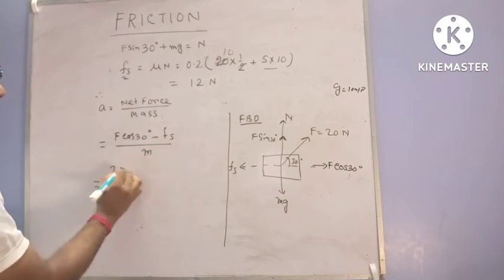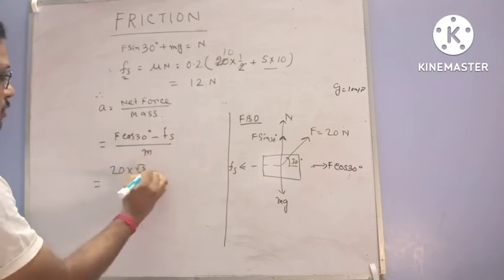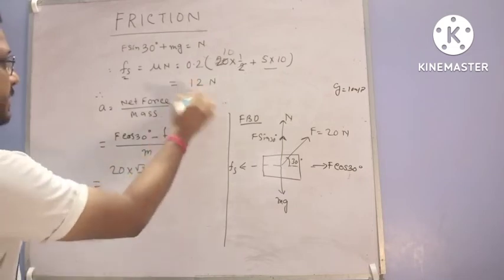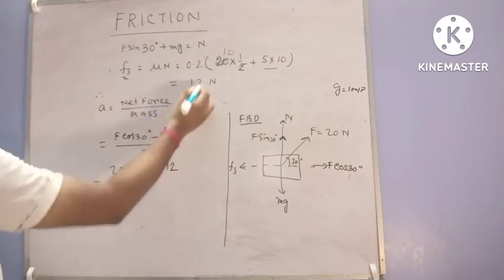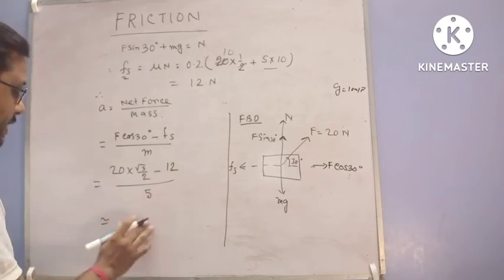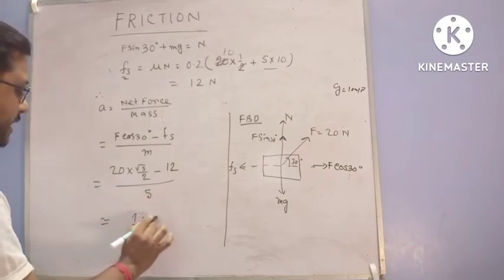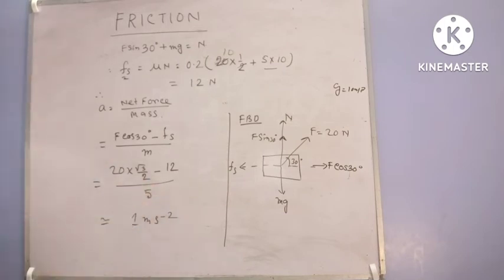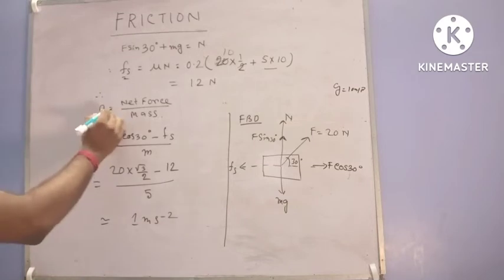F means 20, cos 30 means root 3 by 2, minus the value of Fs, solved out as 12 Newton, divided by m, which is 5. Therefore, approximately 1 meter per second squared is the value of A1.